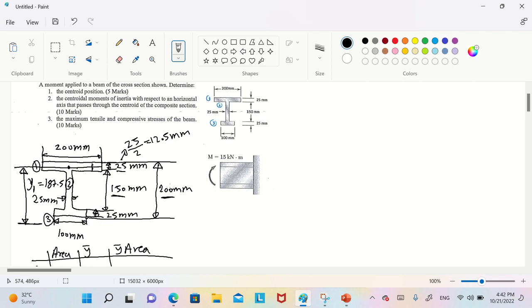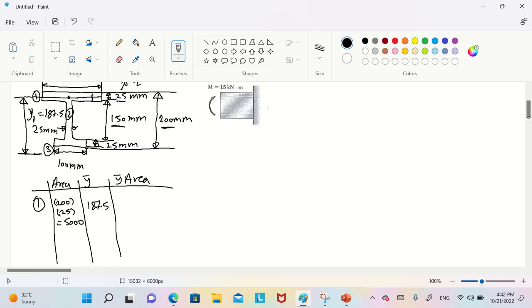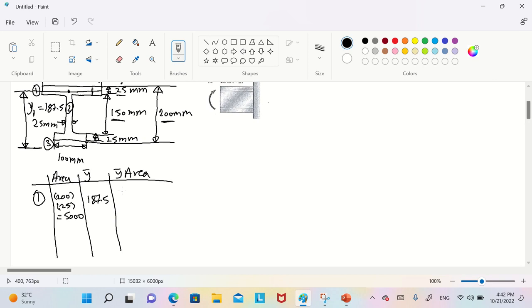So we're gonna say 200 minus 12.5 at the top to get the y1. Okay, now here is 187.5 multiplied by 5000. You will get 937,500.